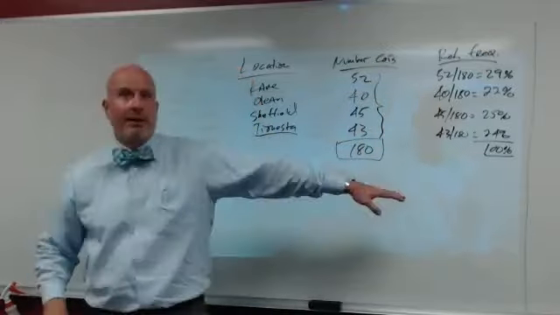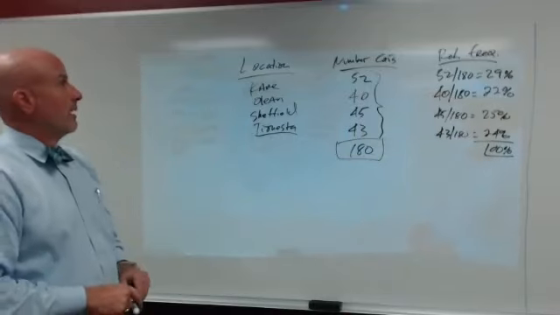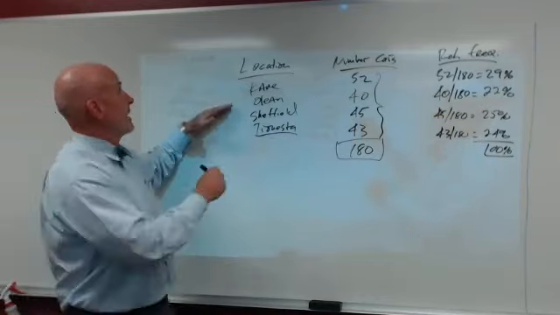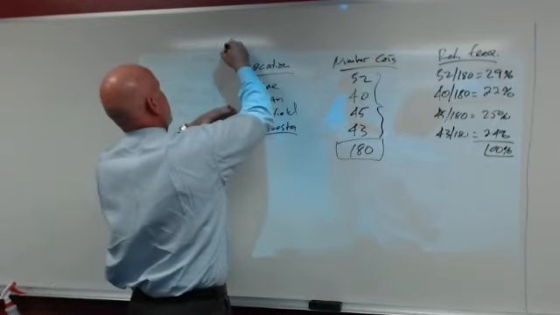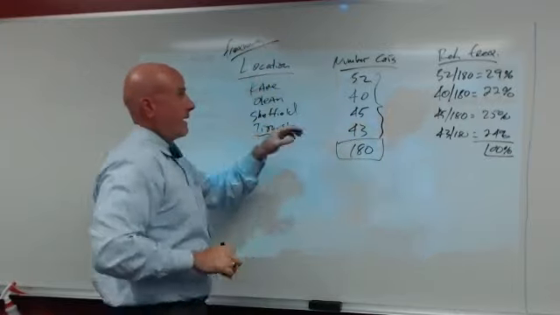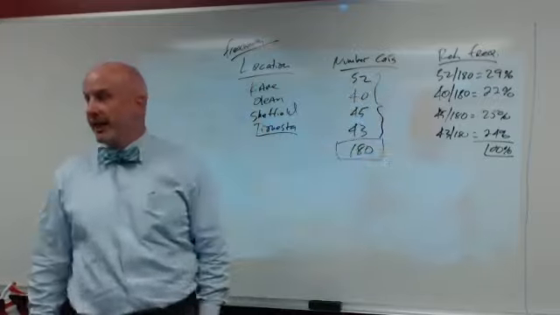It should come up to 180. You should be able to arrange it. So we call this a frequency, and then this becomes the relative frequency when we add that last component.